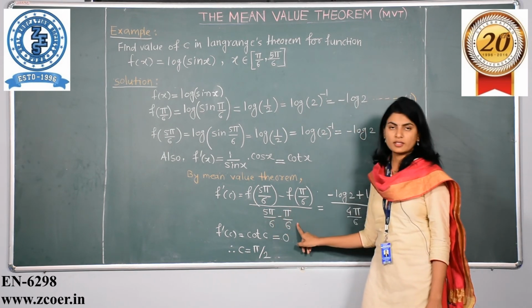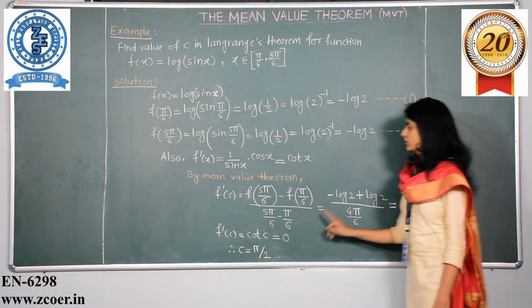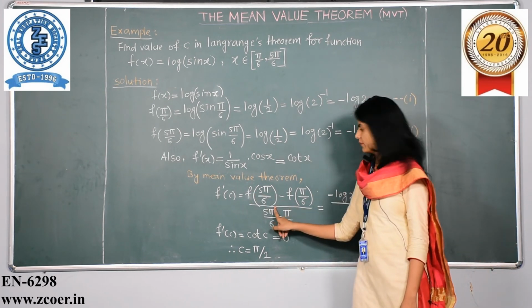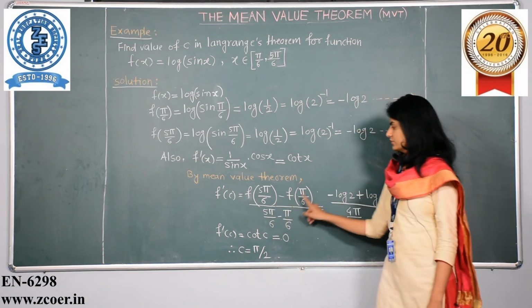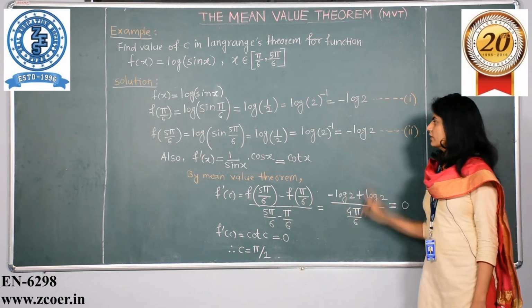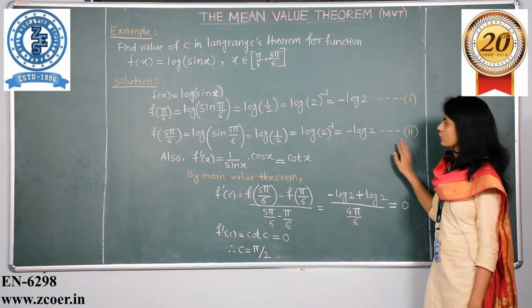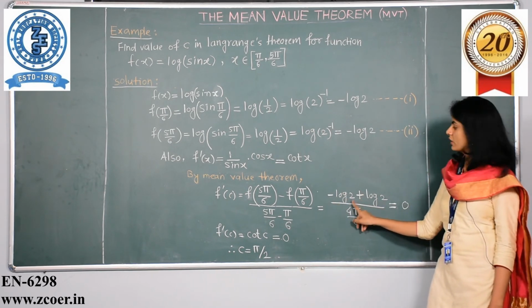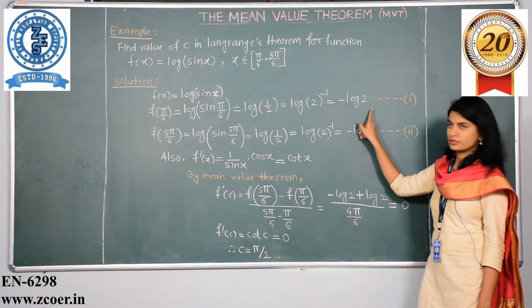This is b minus a, which is equal to, now we have calculated the values of the function at 5 pi by 6 and pi by 6 earlier, in equation 1 and 2. So from equation 2 we get the first value, that is minus log 2, and the second value is also minus log 2.